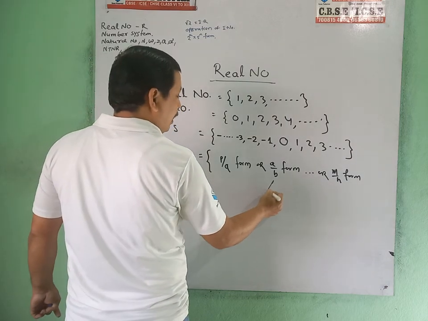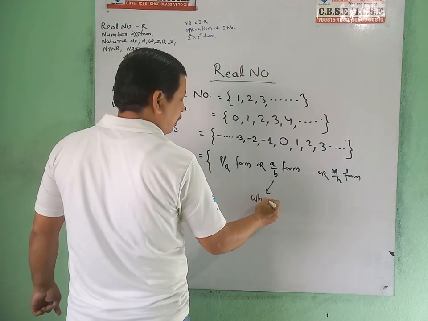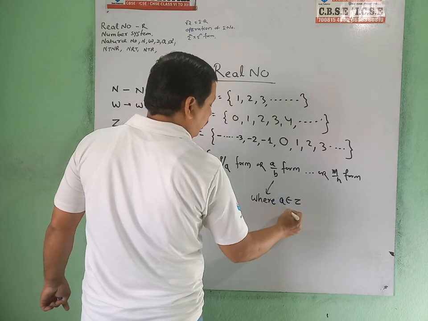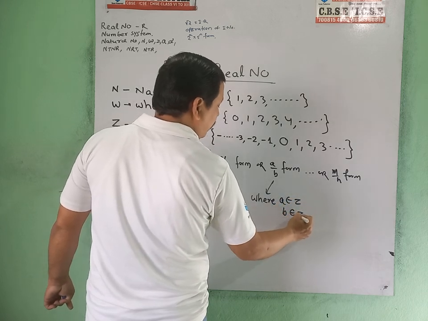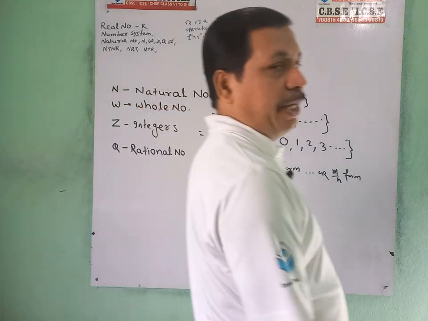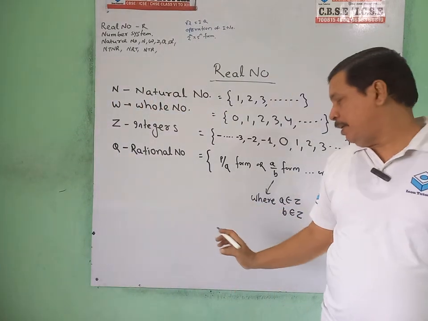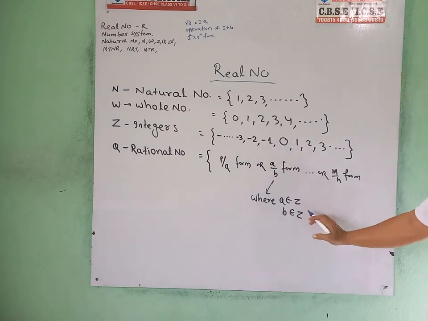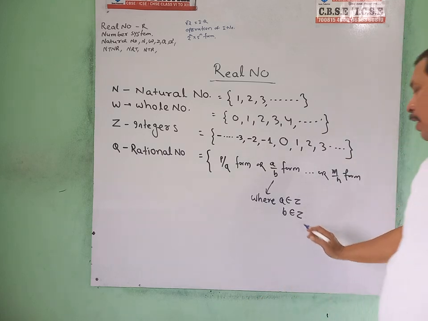So here I can write, where a belongs to Z, b belongs to Z. So what is Z?